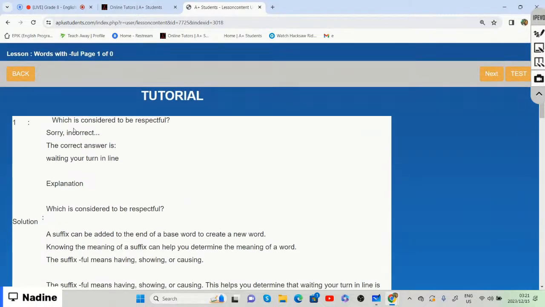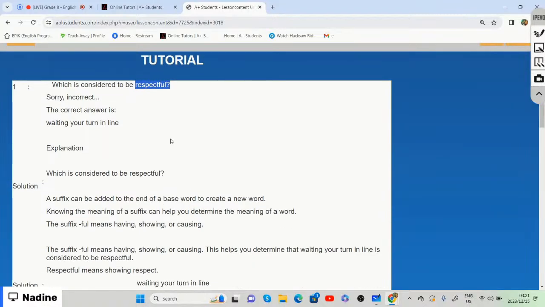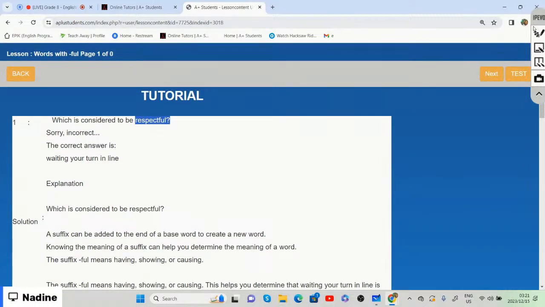All right, so now we need to say which is considered to be respectful. Things that are considered to be respectful. And then they only give us basically one answer.